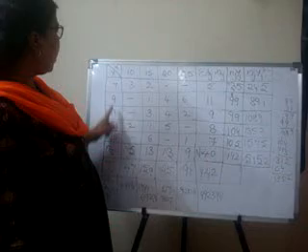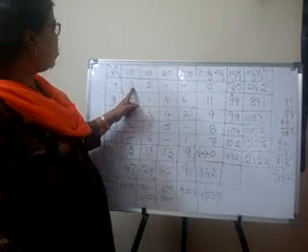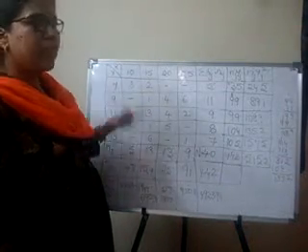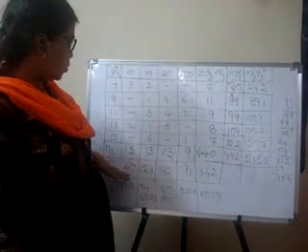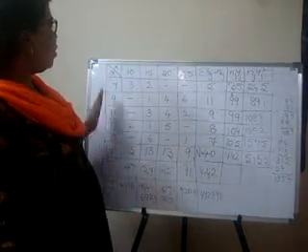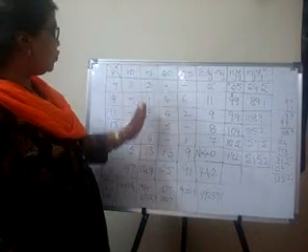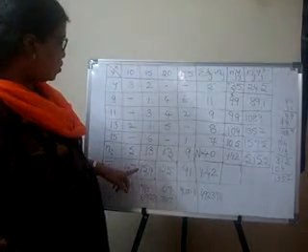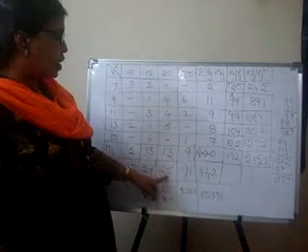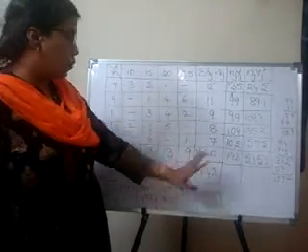Then what we have done, Tis. How do we get Tis? 7 3s are 21 and 13 2s are 26. 21 plus 26 is equal to 41. That means each yi you have to multiply with each column and add it, so that you get the values 47, 159, 125, 91 and 422.